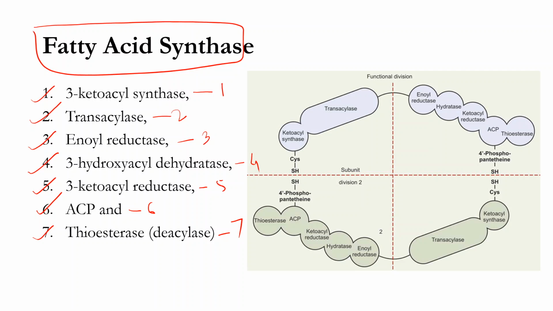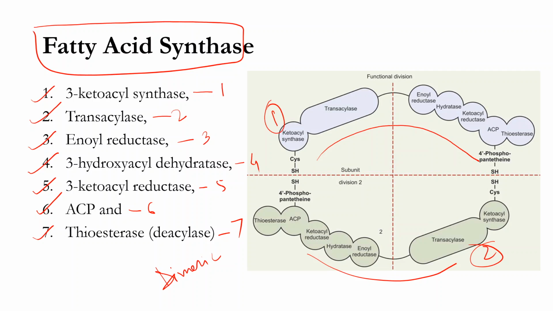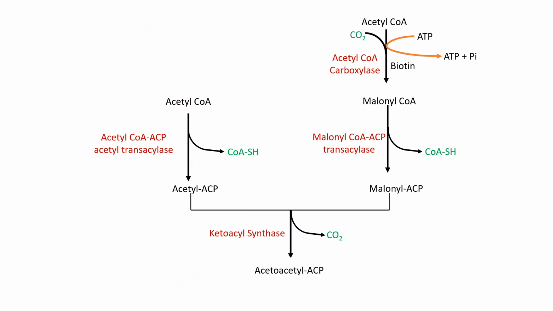So this is the presentation of how they are arranged on a single polypeptide. This is one polypeptide, this is another polypeptide. So there are 2 polypeptides. It means the enzyme is mainly present in a dimeric form, and each polypeptide carries all 7 enzymatic activities that are needed for the synthesis of a fatty acid.